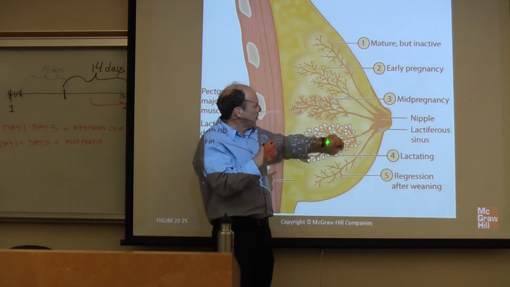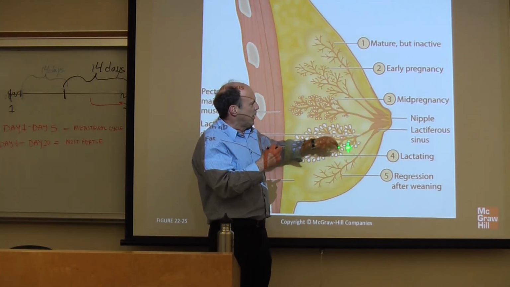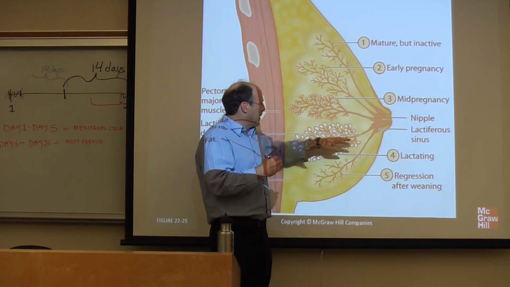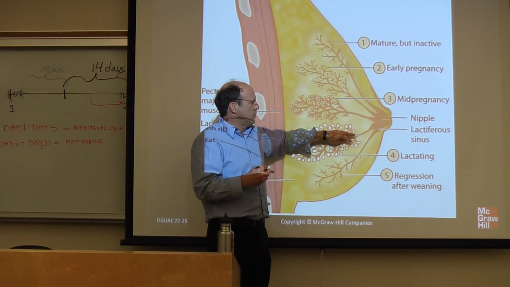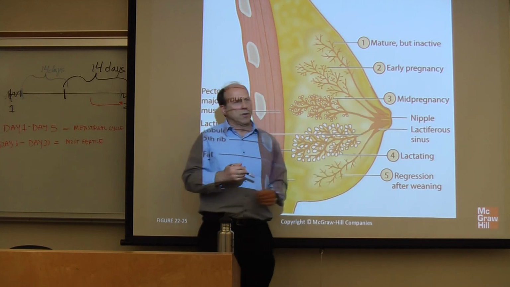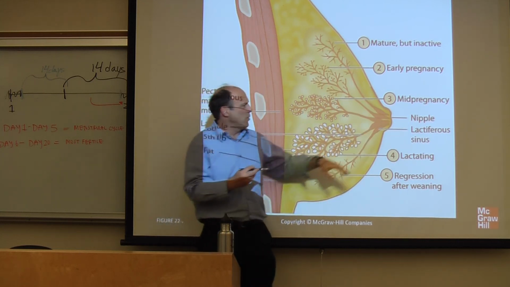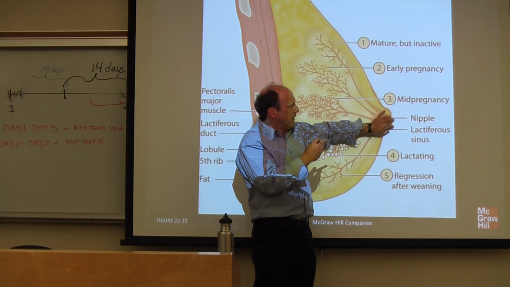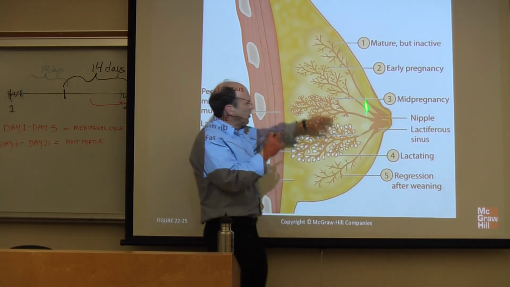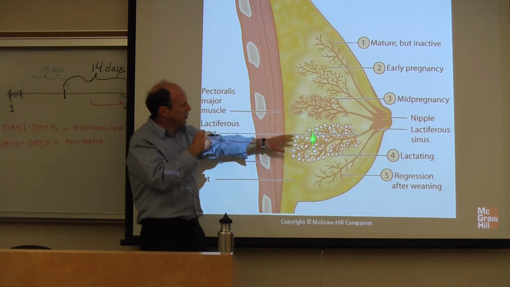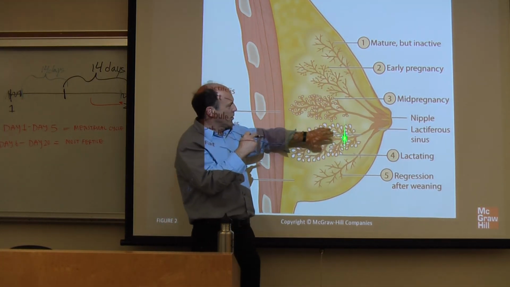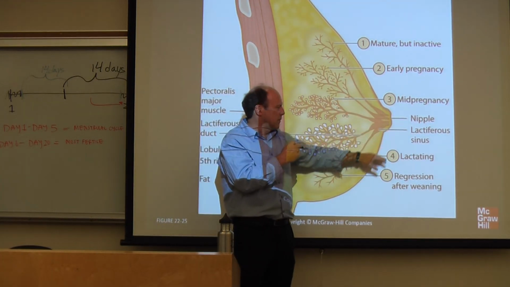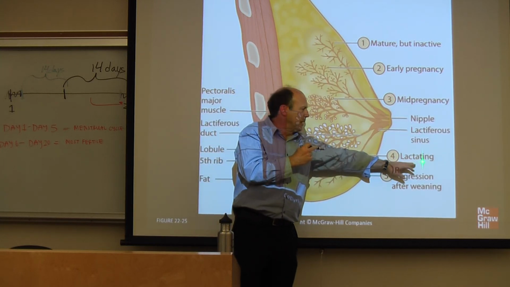And since it's a duct and there's some biological control to that, you want the milk to squirt out at times when it's wanted. So you create some nerve endings on the end of the nipple such that if those are stimulated, there's going to be some hormonal response that encourages the release of milk. And that's lactation.